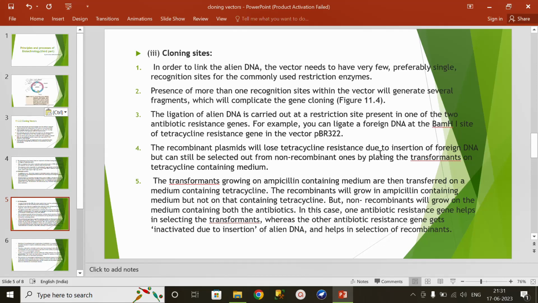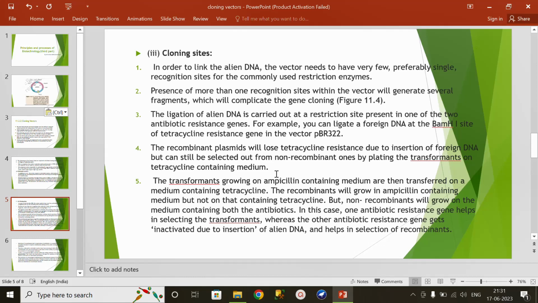As the tetracycline resistance gene got broken into two parts, its ability to produce resistance gets hampered. Because of the insertion of foreign DNA, the recombinants lose resistance, but they can still be selected out from non-recombinants by plating transformants on tetracycline-containing medium.